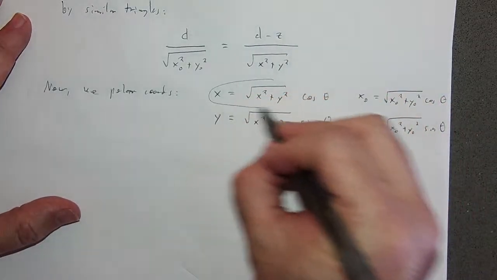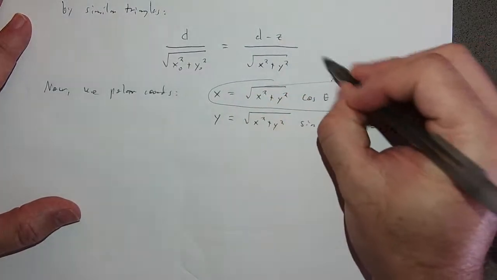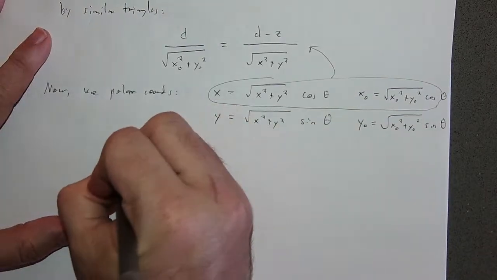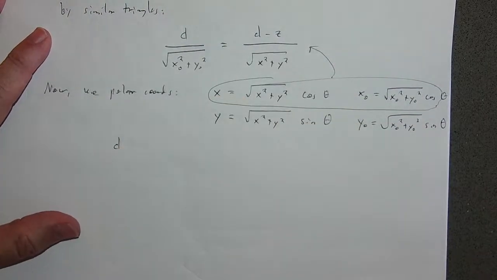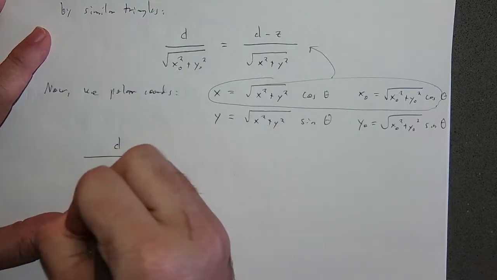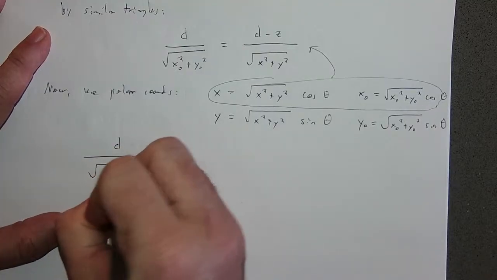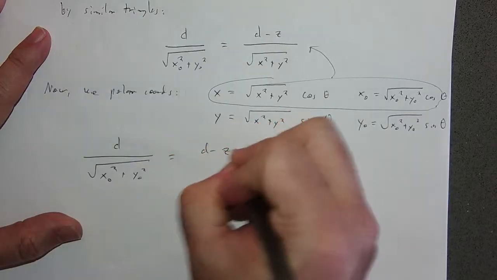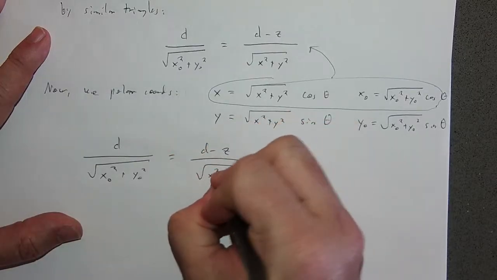Using these two and plugging them into this equation, what do I get? I get d over the square root of x naught squared plus y naught squared is equal to d minus z over the square root of x squared plus y squared.